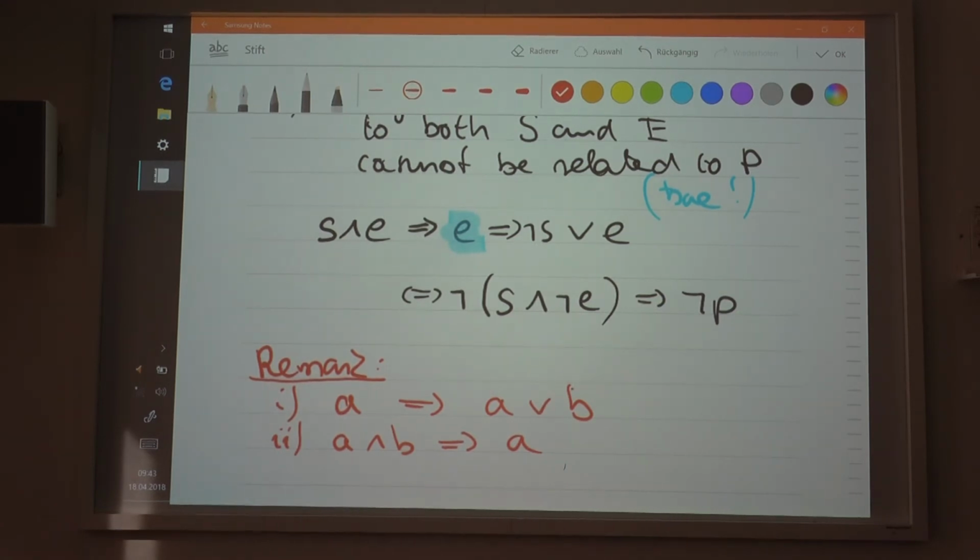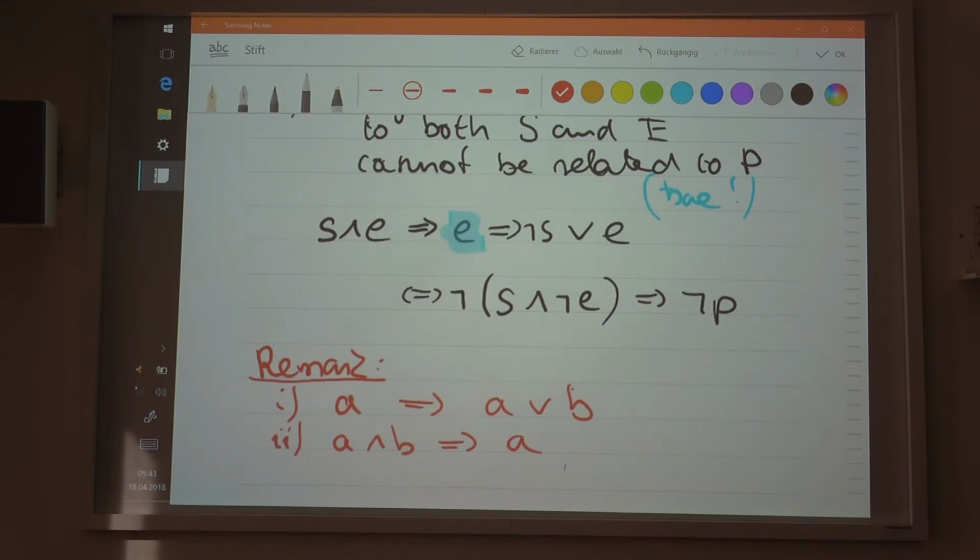So if both statements are true, then at least one of the statements must be true. A must be true if A and B are true, because if A is not true, then the conjunction cannot be true either. And I can apply this to any other statement, guys. Is this something that you are aware of?